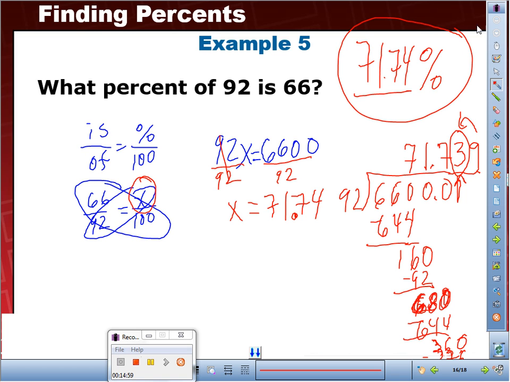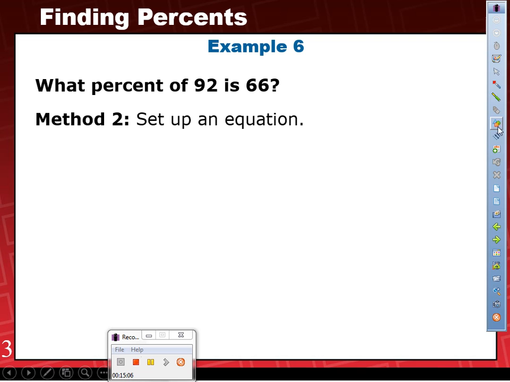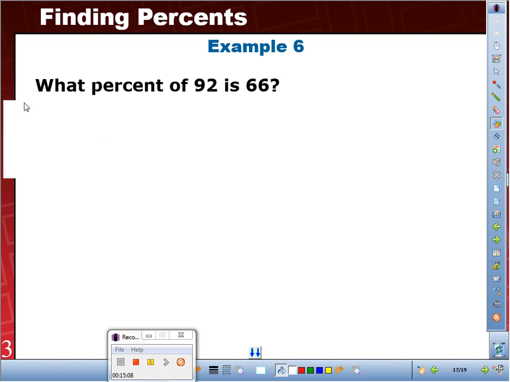Okay? All right, copy this one. Last one. What percent of 192 is 66? Go.